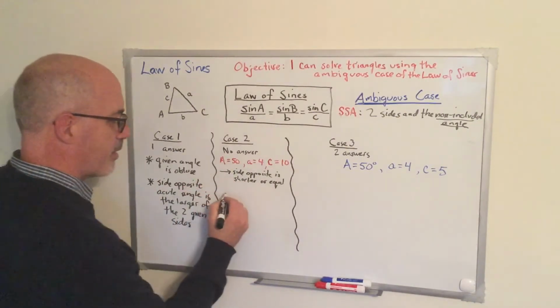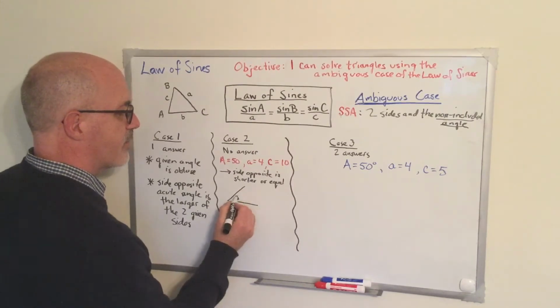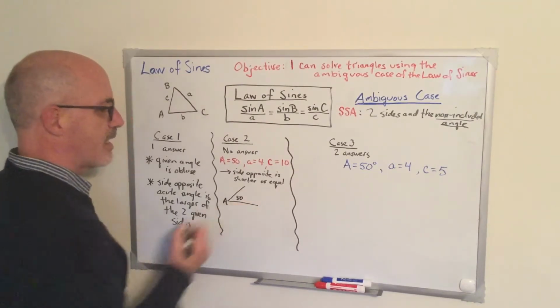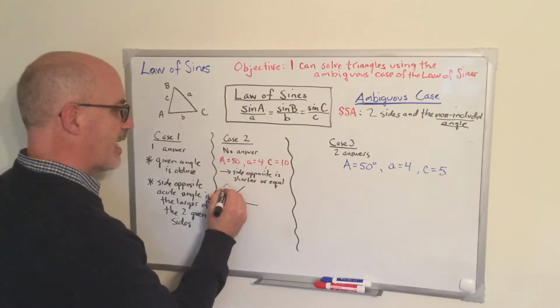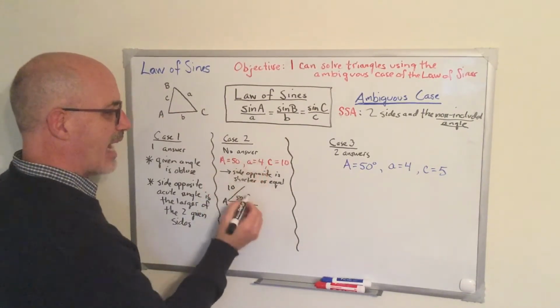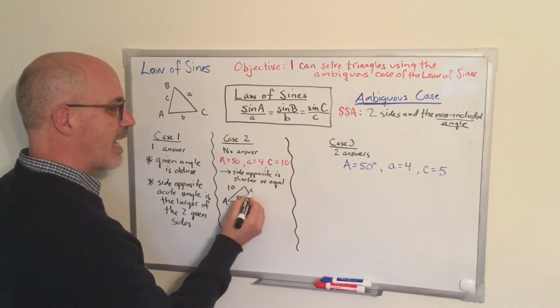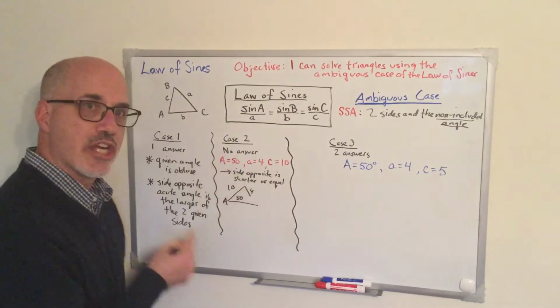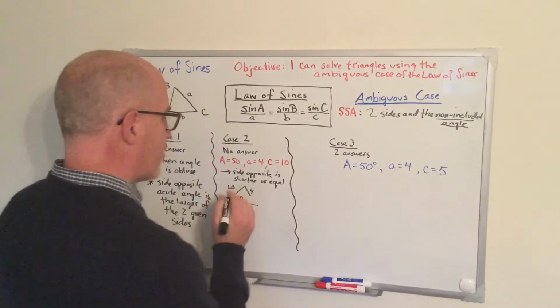Let me draw what I mean by that. If this is angle A given to us, angle A is 50 degrees, and we have that this side here, side c is 10, and side a is just a 4, what happens is it dangles here, and it can't reach the other side. So let's set up the law of sines just to check that out.